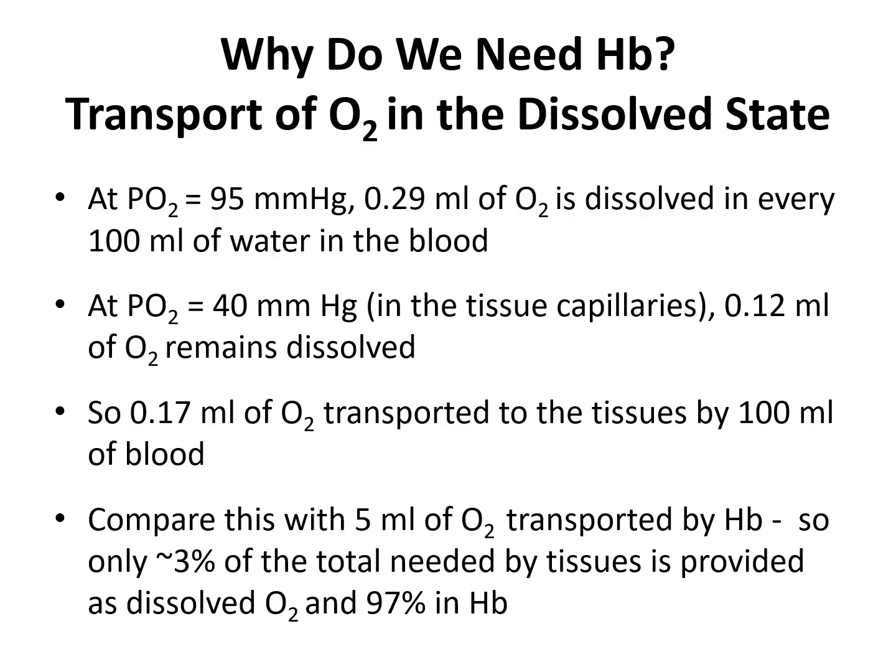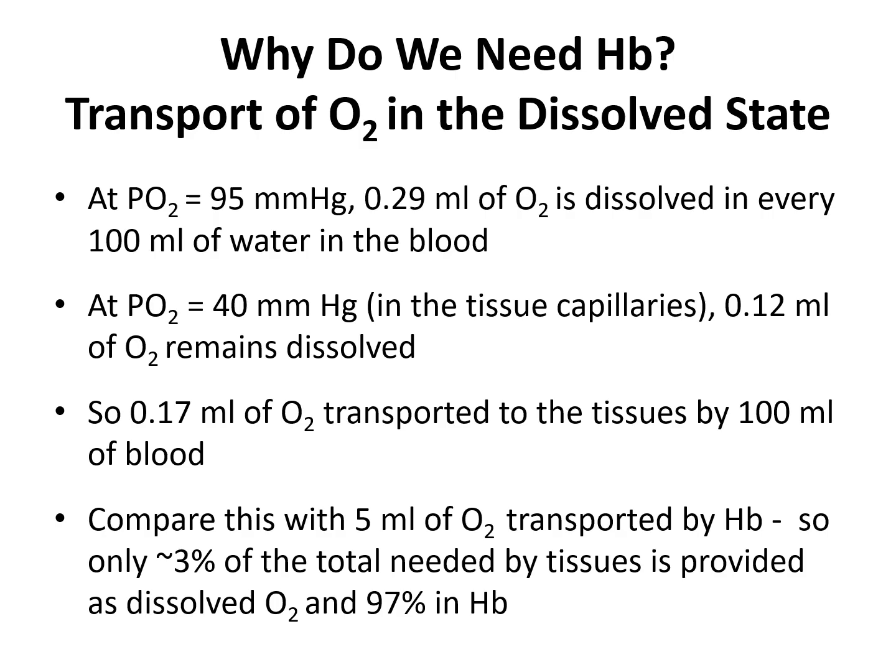At a PO2 of 40, this goes down to 0.12, which is what is found in the tissues. So from the lungs to the tissues, you're removing only 0.17 milliliters of oxygen for each 100 milliliters of blood.